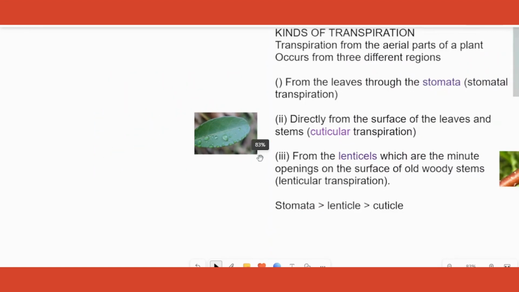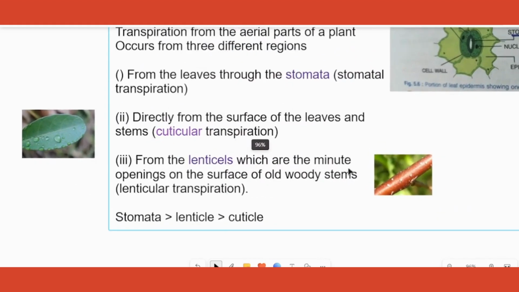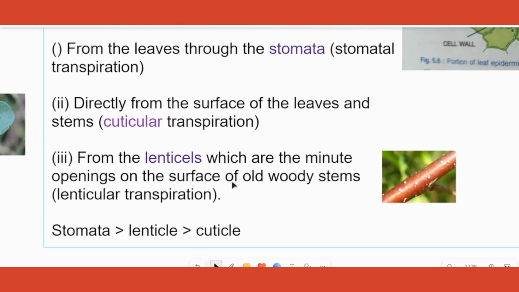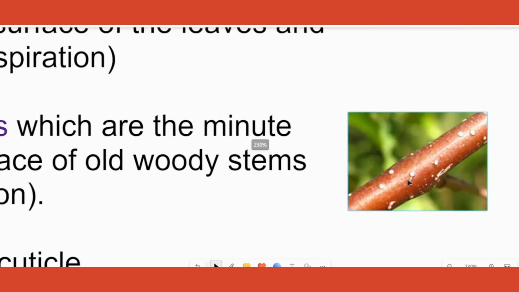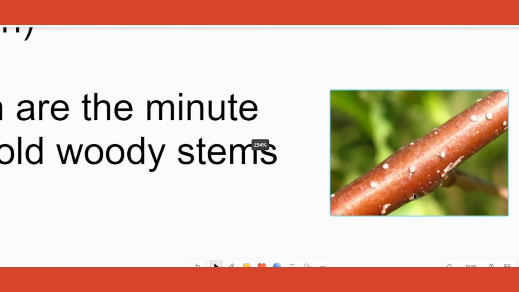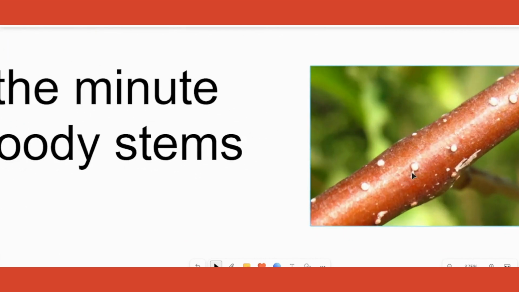All right, the last region from where water can be lost is found only in woody trees, large trees, wherein there are tiny structures called lenticels. You can see these tiny pores on the stem, especially in woody stems.